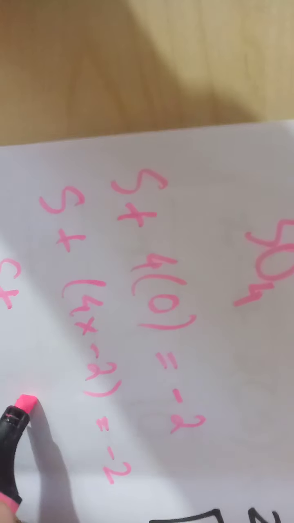I can quickly do sulfate as well, SO4 2 minus, and in this one you can see that it would be S plus 4O equals minus 2, and it would be S plus 4 into minus 2 equals minus 2, and that would be S minus 8 equals minus 2, sorry, S equals 6.